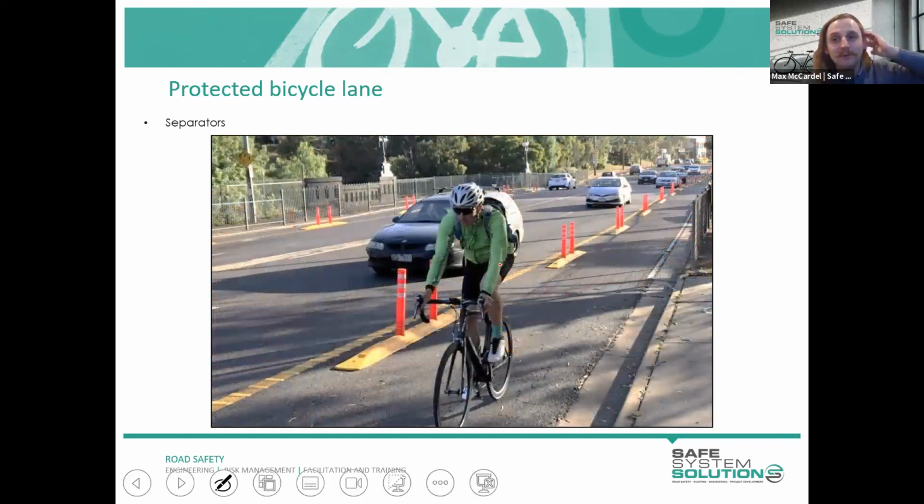Just another example. This was a really awesome site for me personally, because I used to ride here all the time, but also just as a case study, because during the COVID period, this arterial road, state managed road, lots of traffic in the inner city area.